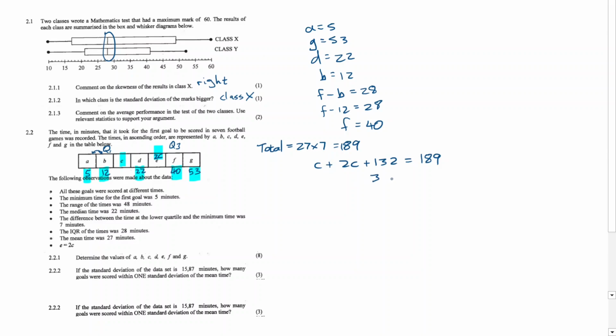That leaves you with 3C equals 57. So C would be 19 and E is just 2C. It's just double that, so it's 38. And there you've got all your letters.